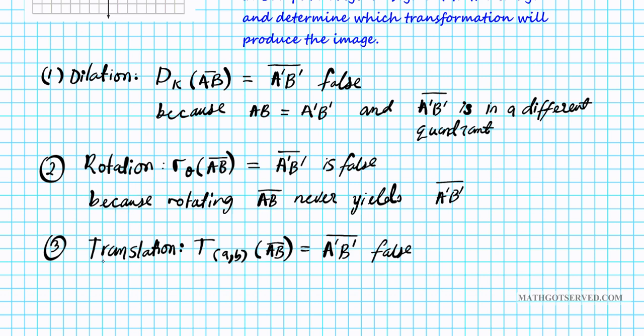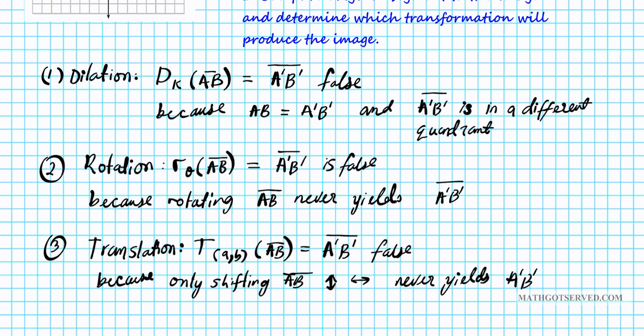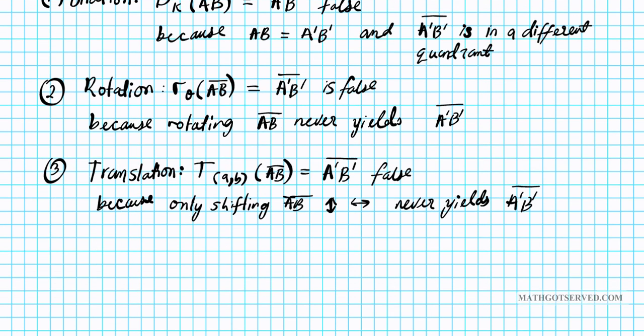For the same reason as 2, because simply shifting, only shifting, that's what translation is, only shifting AB up, down, or left, right, vertically or horizontally, never yields the image A prime B prime. Okay, so we see it's not a dilation, rotation, or translation.